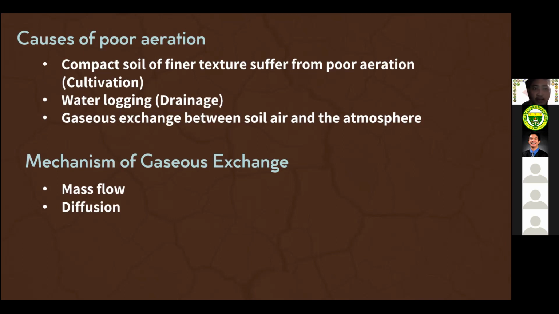Then also water logging. Once na na-stuck na yung water content sa soil natin, syempre yung pore spaces na supposed to be air yung content niya, napapalitan ng water. So that causes water logging. But that can easily be corrected by drainage.